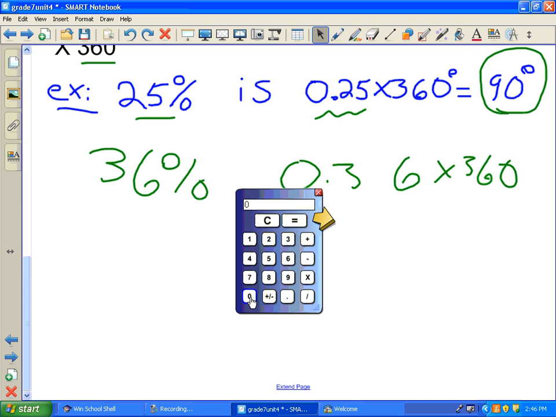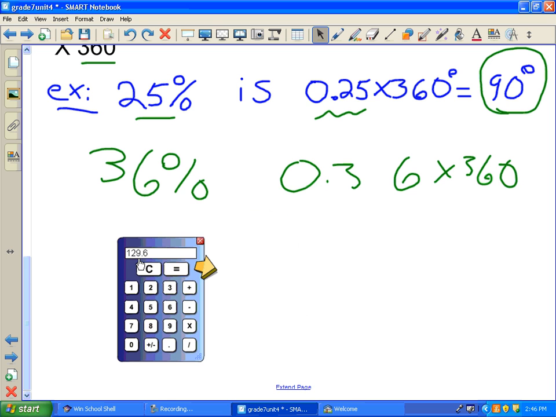So 0.36 times 360 degrees, that makes up the entire circle. And we need our angle to be 129.6 degrees. So it's about 130 degrees. So 130 degrees, and we'll say about. We're going to round it off.